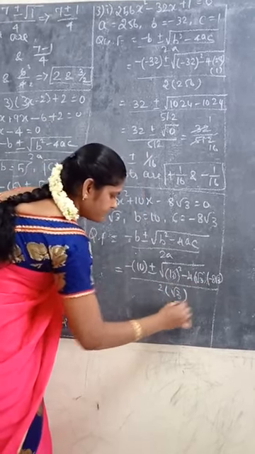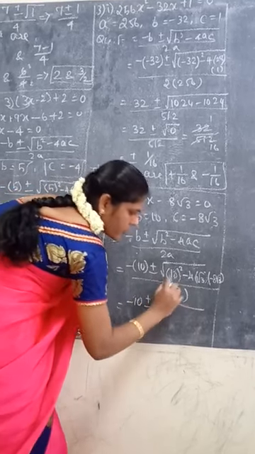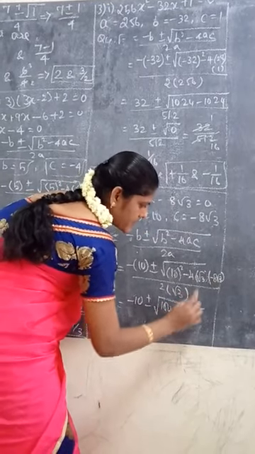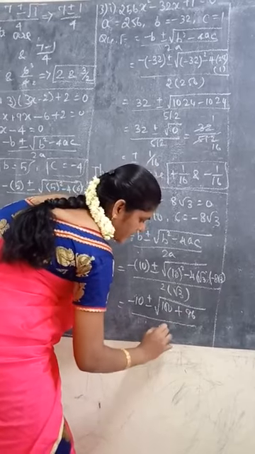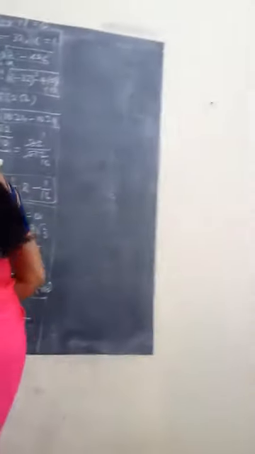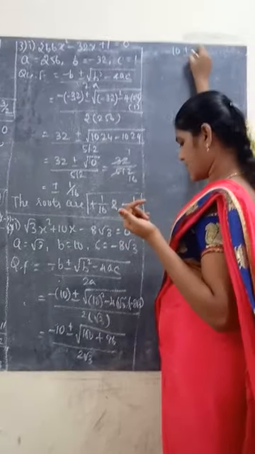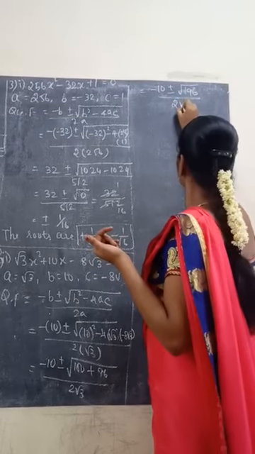Next, minus 10 plus or minus square root of 10 squared, 100, minus into minus plus. If you multiply this, you will be getting 96, divided by 2 root 3. Next, minus 10 plus or minus square root of 196 divided by 2 root 3.